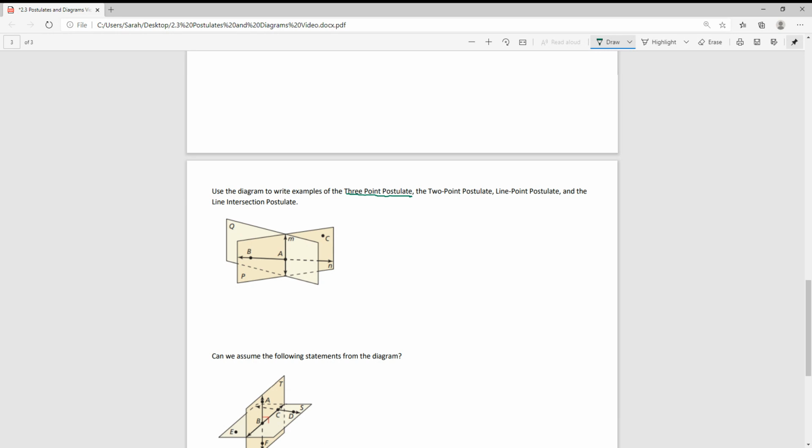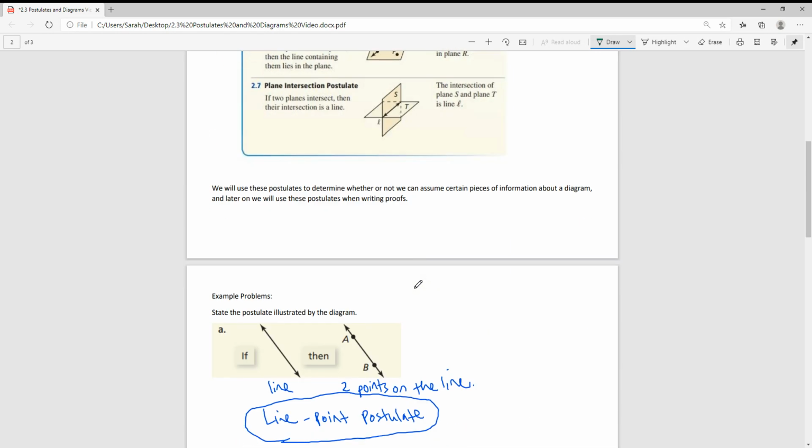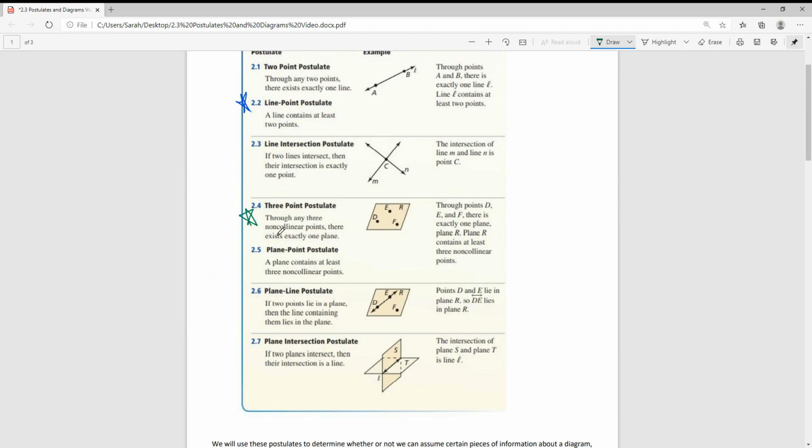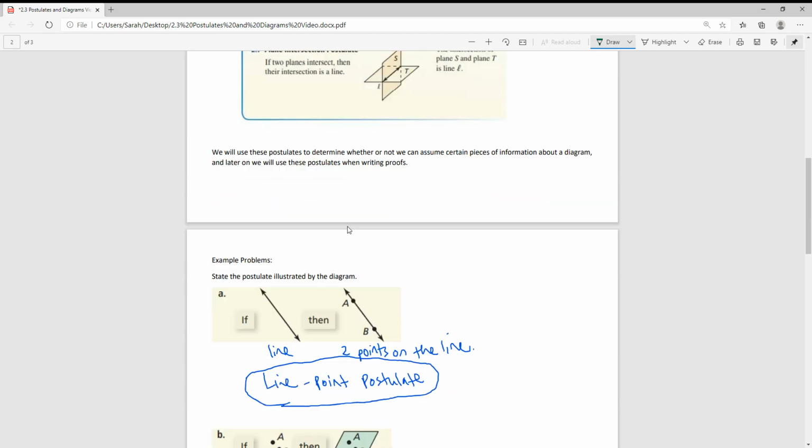It says that if we have 3 points, then we have a line that goes through them, or sorry, a plane that goes through them. Through any 3 non-collinear points, there exists exactly one plane.